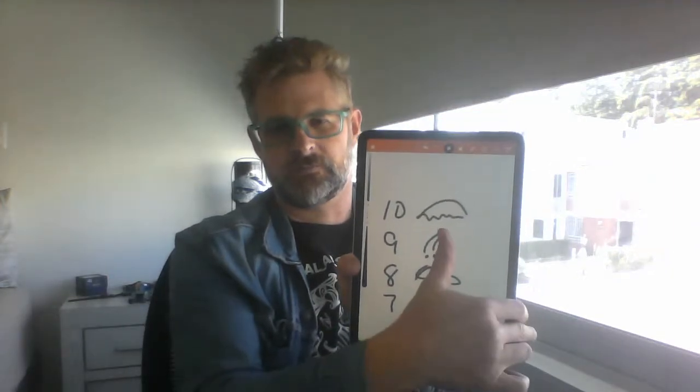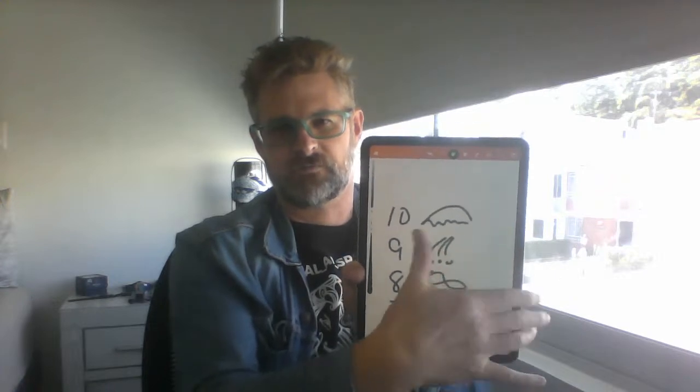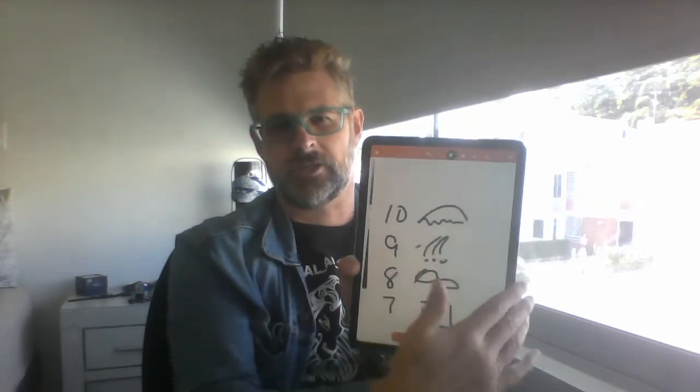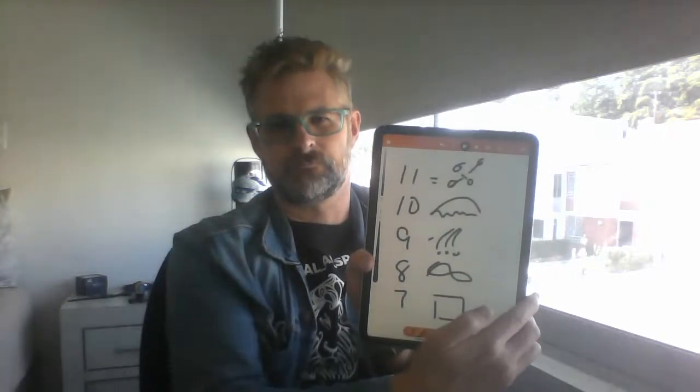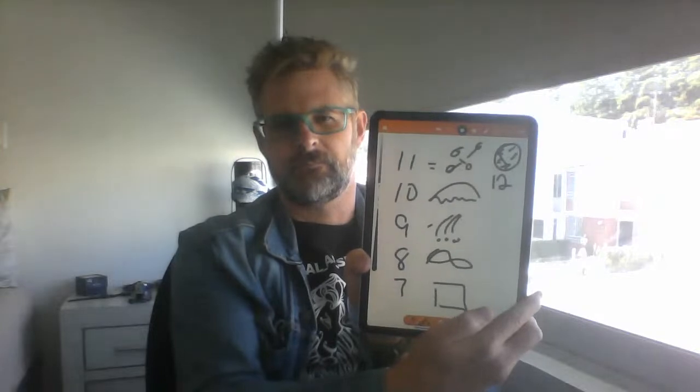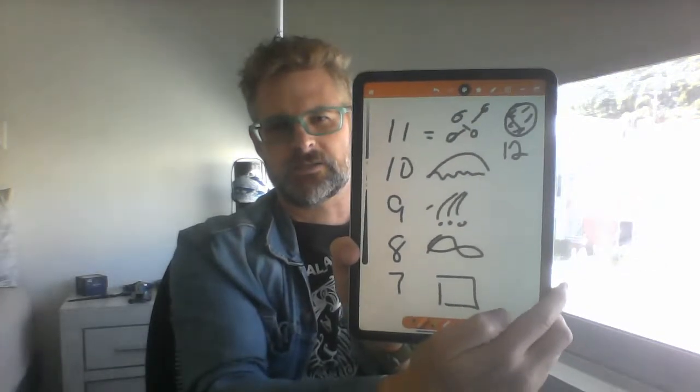Okay? Which is your umbrella, which is your ether, which is your ferment, which is your family. Okay? Try to understand how this all works, guys. 11 is equals what? Solar system. Okay? And 12 is your divine, which is your earth. Okay? That's all it is.